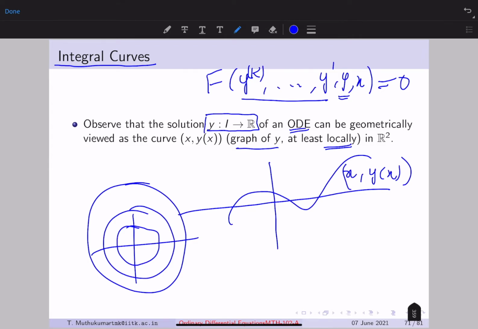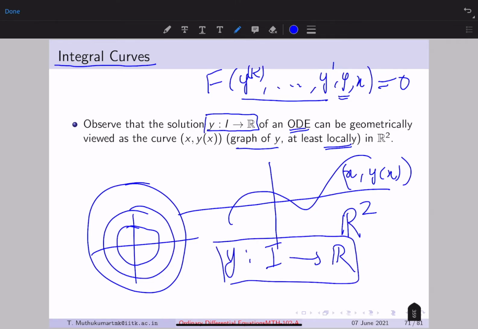So what we are trying to say here, as we have already seen before, so we are just recalling, is that the solution of a differential equation is some curve in R2, because you are dealing with a function which is one variable and real valued. So it's a curve in R2. Fine.